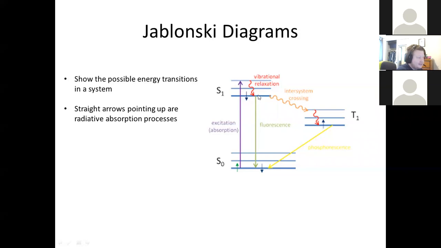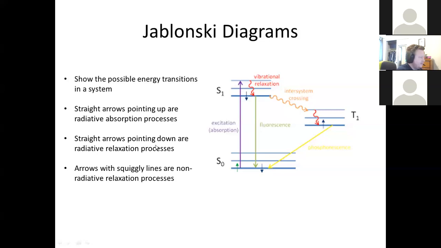For fluorescence, which is one of the spectroscopies we'll be using, a photon comes out in this transition. And if you notice this vibrational relaxation, the curly arrows are non-radiative relaxation processes. Vibrational relaxation does not occur through releasing a photon. It happens through collisions with other molecules. Basically, a molecule gives some of its energy to another one, and then it can emit a photon and relax back down to the ground state, right?